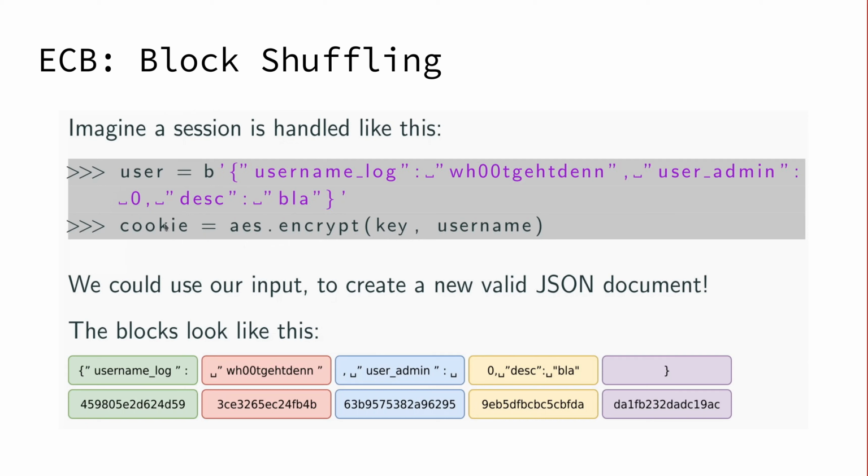Now the user can't see what's inside, obviously, because it's AES encrypted. But maybe the user plays around and kind of gets an understanding by error messages, for example, what is inside of this encrypted cookie. So we've used ECB, so these blocks were encrypted to these ciphertext blocks.